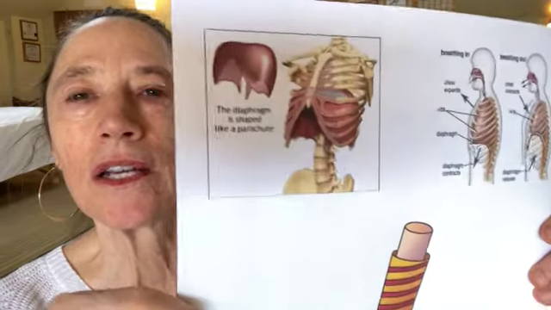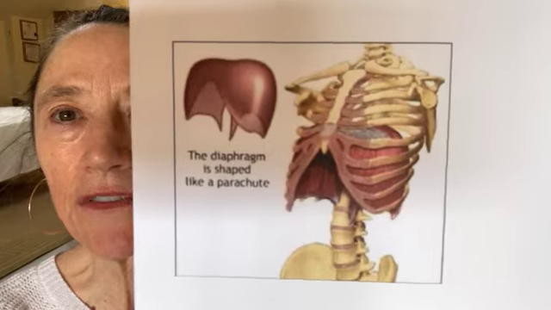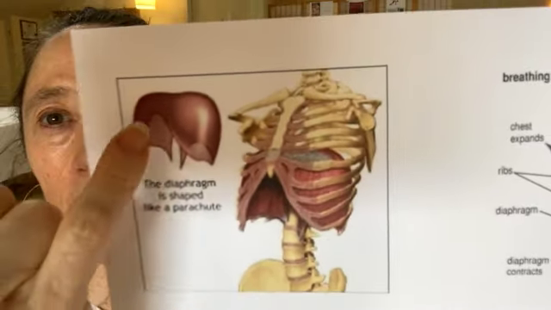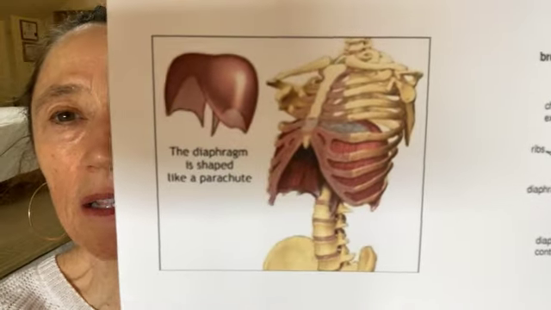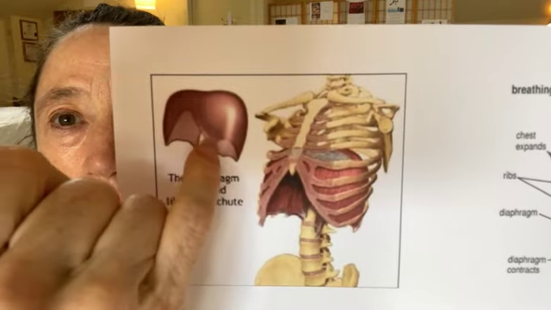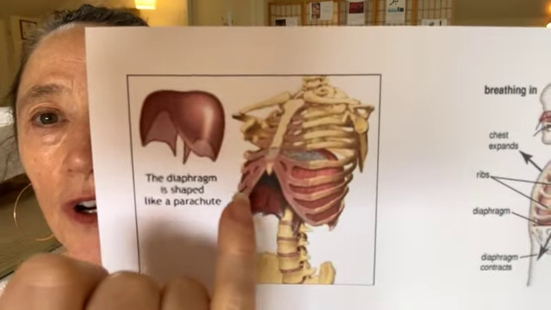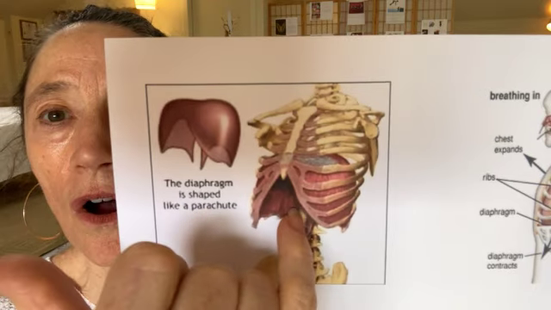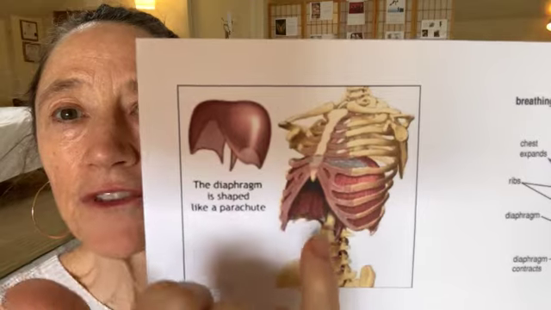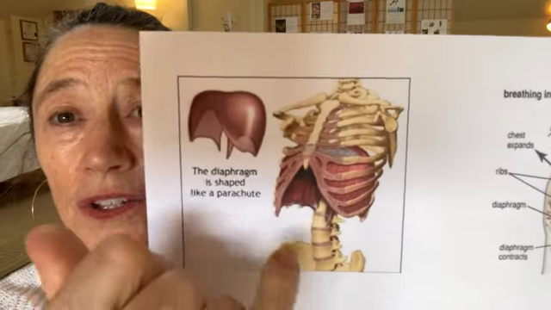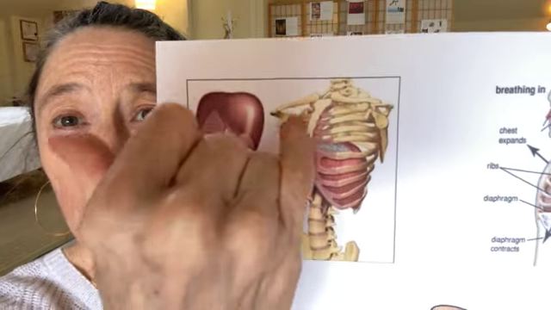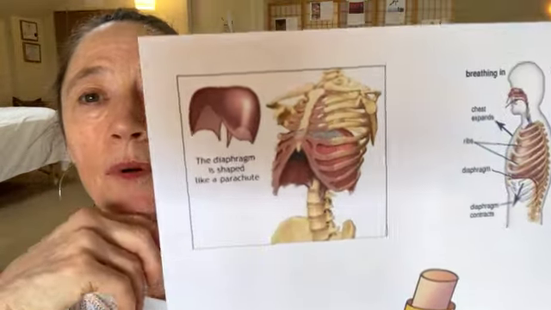So let's take a look here as we're going to learn about the diaphragm. So here's the diaphragm outside the body, and then where it's situated inside the base of the rib cage. So the bottom of the diaphragm, if you think of that like the hem of a skirt, the hem of the skirt goes all the way around the very bottom of the rib cage, and it creates a seal so that the abdominal contents and the contents of the lung cavity are separated by the diaphragm.